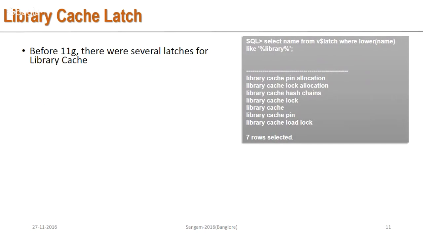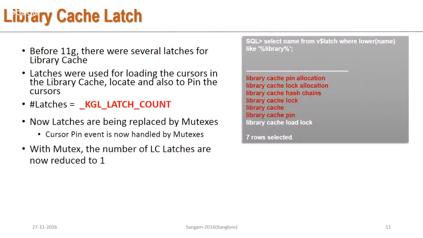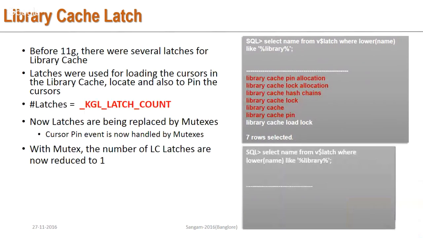So just like I said, latches have become a contention point, so Oracle is moving away from them. It's just a quick example that there were several latches in the previous versions of the database. You can see that this is an example from 10G, where we have 7 latches for the library cache itself, and these latches do a lot of stuff for you, including the pinning of the cursor, the allocations and so forth.